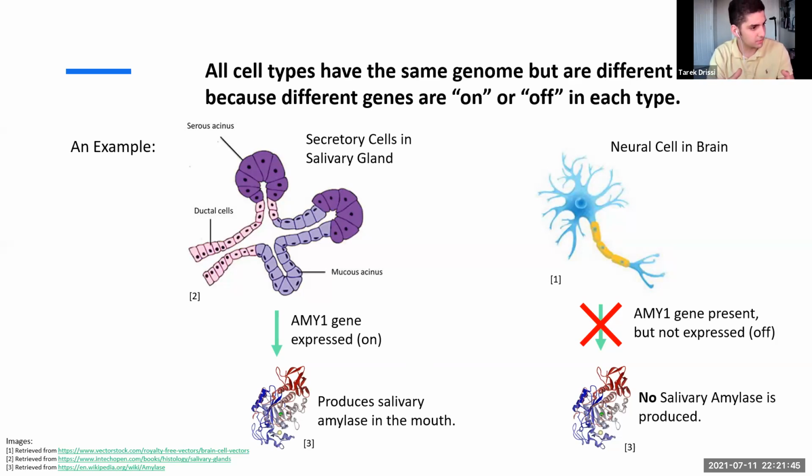So because your genomes are different, the amount of protein your cells make, the time when your cells make the proteins, the location your cells will be when they make the proteins will all be different. So that will change the way you look, the color your eyes are.